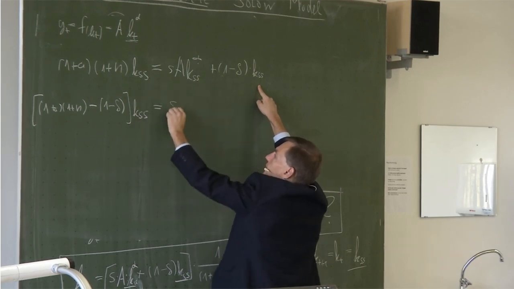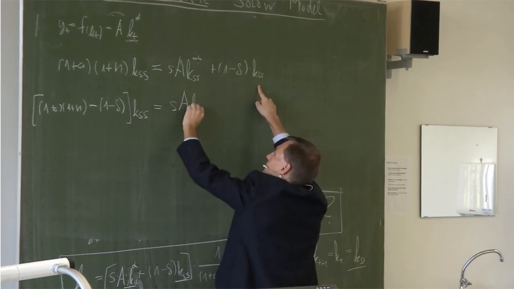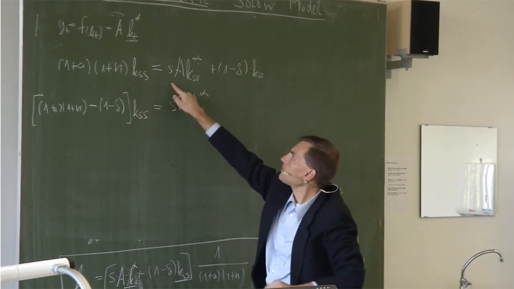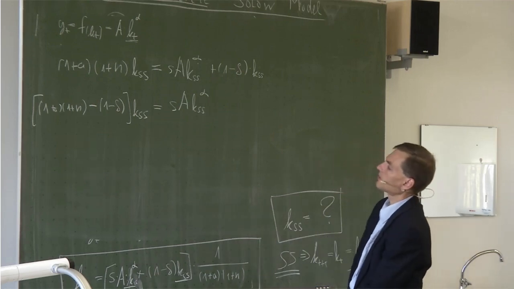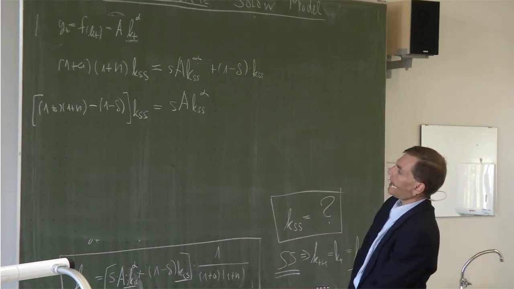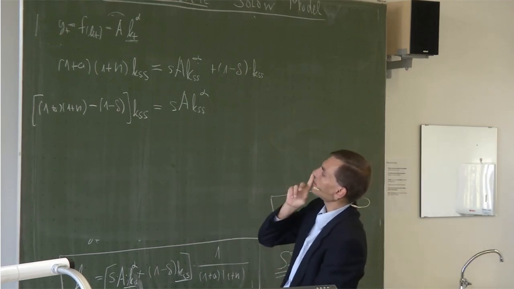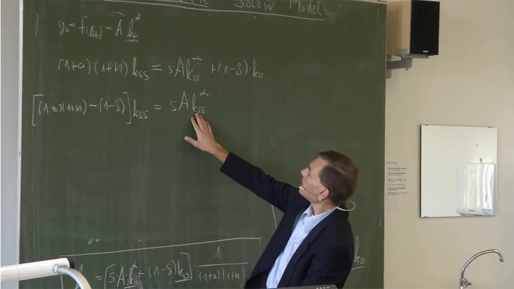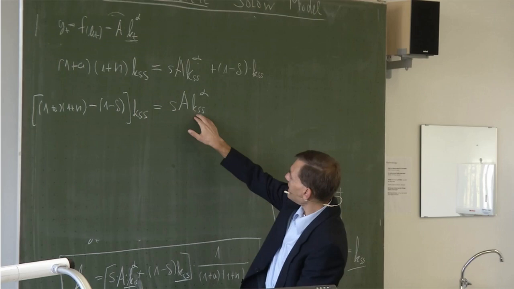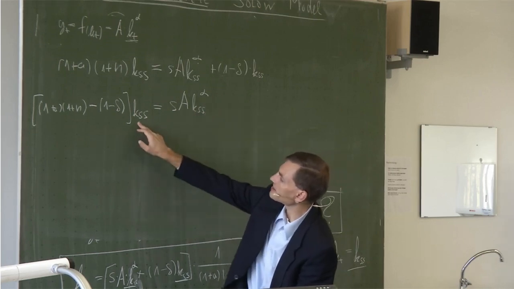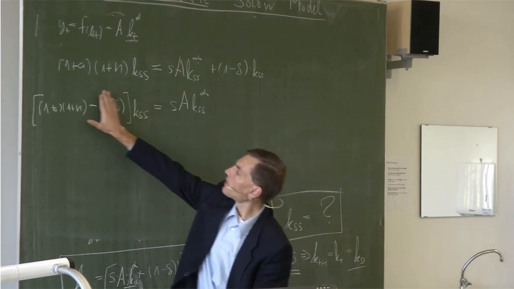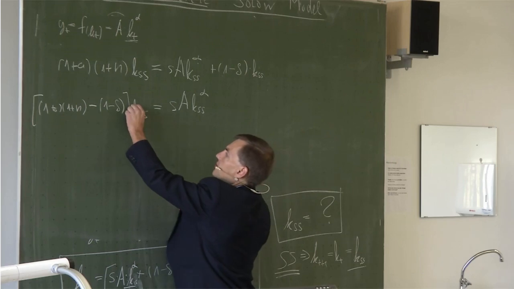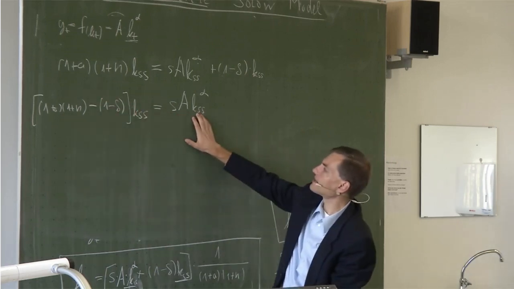On the right-hand side, we just have this term. Next. Well, that's already very good because I have k steady state here and here. So let me bring this k steady state alpha on the other side, and at the same time the term here in front, which is multiplied, on the right-hand side.